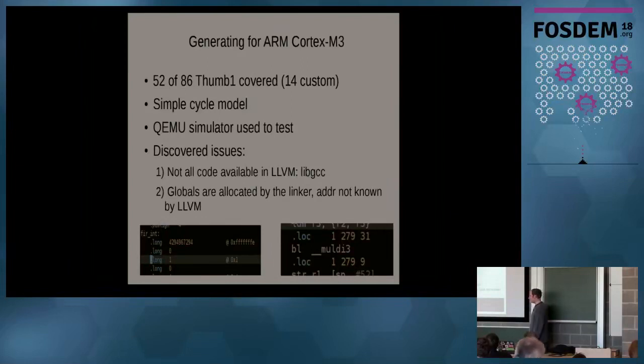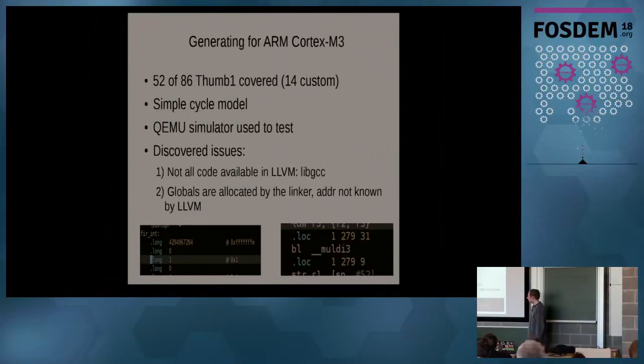LLVM doesn't have these instructions defined in the code, but it will instead link to a function of libgcc or the compiler runtime library, which starts with __ something, for example, multiply or division, I believe. So this code is not available in LLVM, and I cannot make ALF code for it. That's really annoying, a big showstopper really.